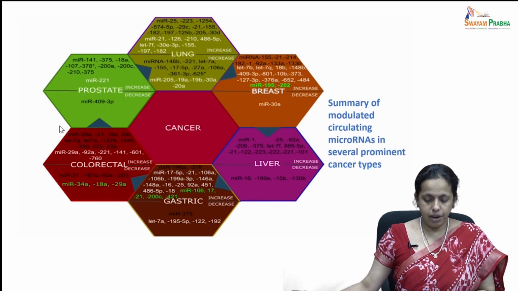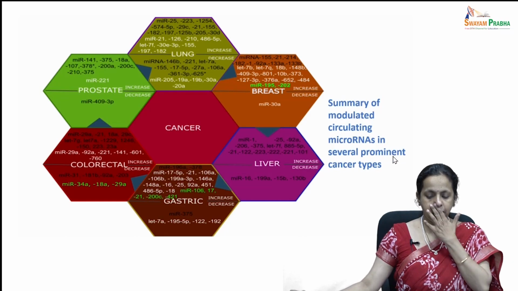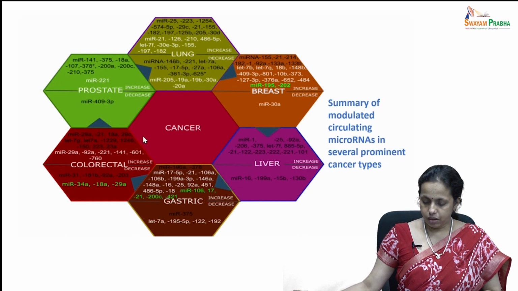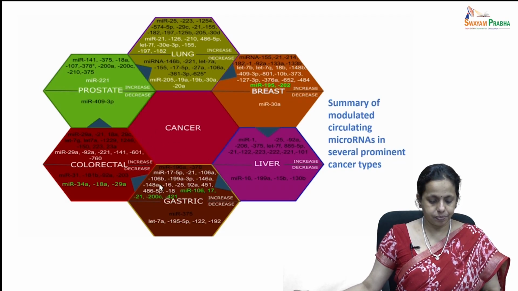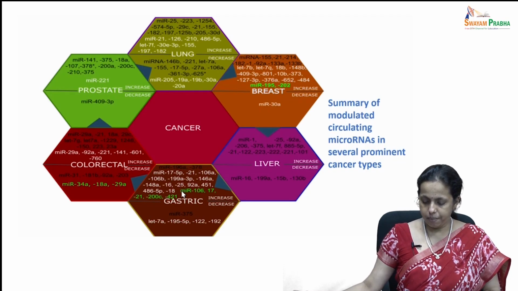So this is very brief. This is the summary of modulated circulating miRNAs in several prominent cancer types. In gastric cancer, miR-20a-5p and miR-22 were found to be increased in both plasma and serum samples.